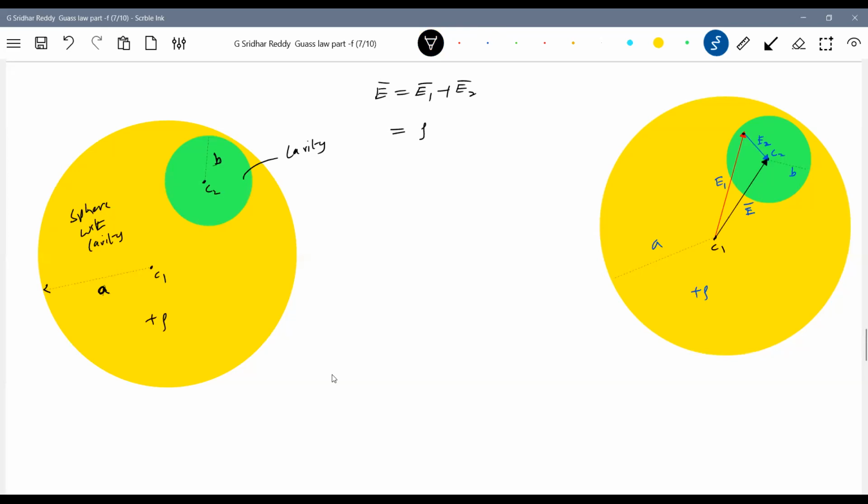Rho by 3 epsilon naught times C1P bar, plus what about E2 bar? E2 bar should be equal to rho PC2 bar by 3 epsilon naught. Rho by 3 epsilon naught, C1P bar plus PC2 bar. Now C1P bar plus PC2 bar should be called C1C2 bar.